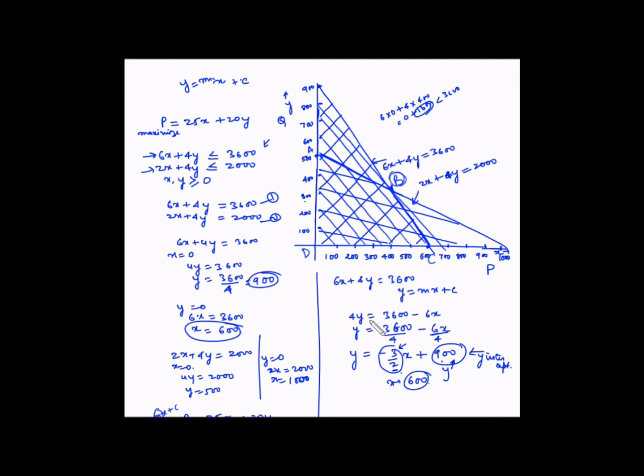Now there are multiple ways to find the coordinates, or the value of x and y, at point B. First is by using the graph.